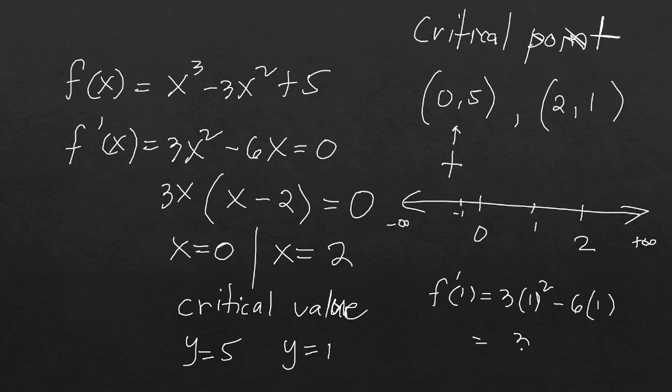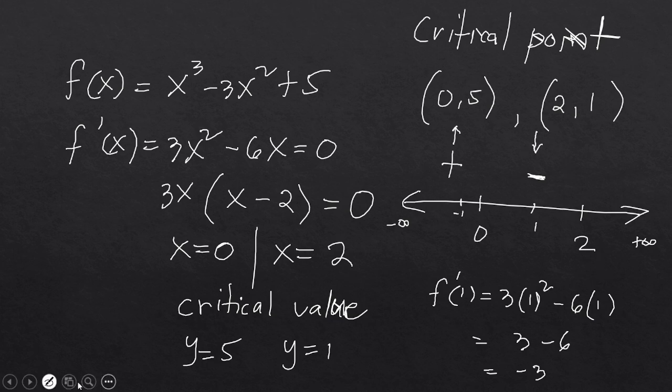So it becomes 3 minus 6, and obviously this is negative 3. So in this case, it is negative. Since it is negative, from the first derivative test, your function in this interval from 0 to 2 is decreasing.